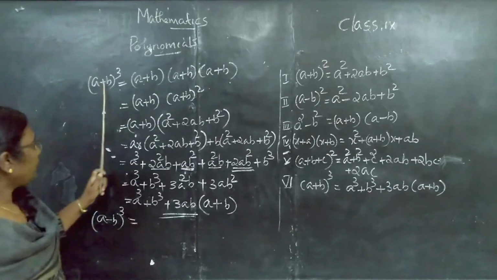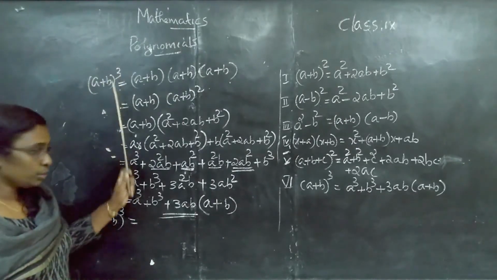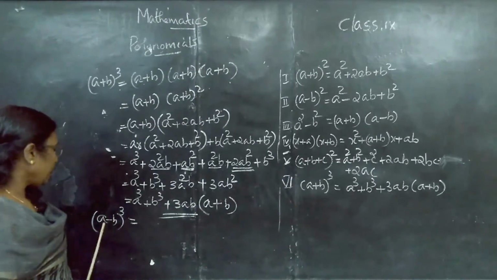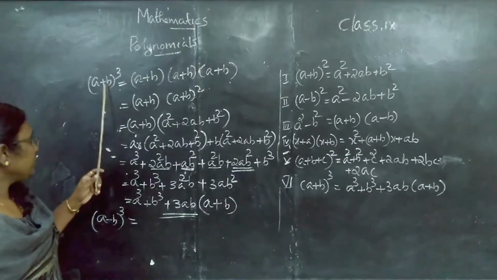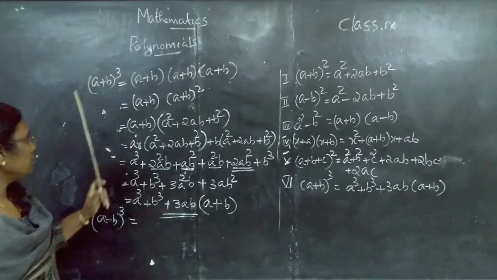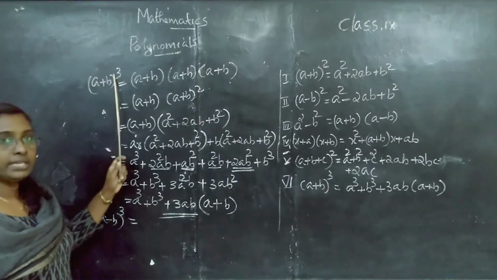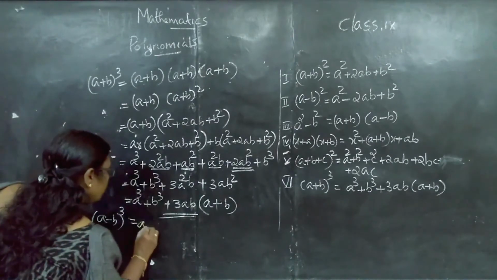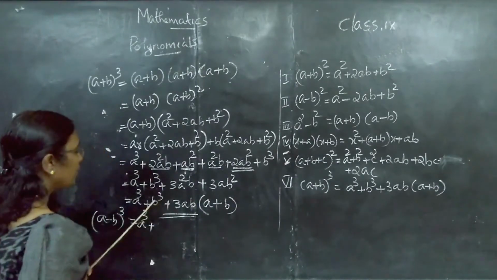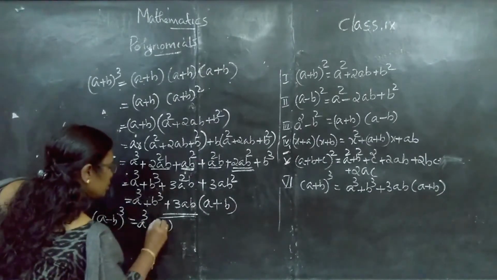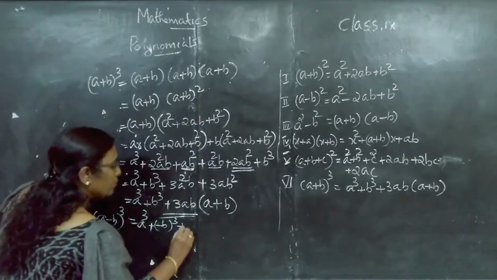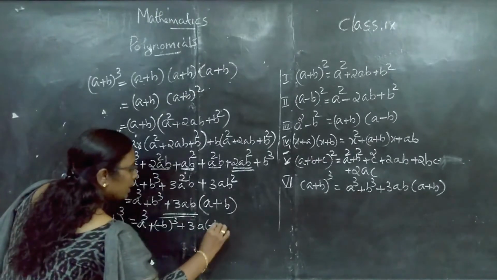So when we substitute minus b in place of b, this becomes a minus b the whole cube. So substitute minus b here also: a cube plus minus b the whole cube plus 3a into minus b, into a plus minus b.